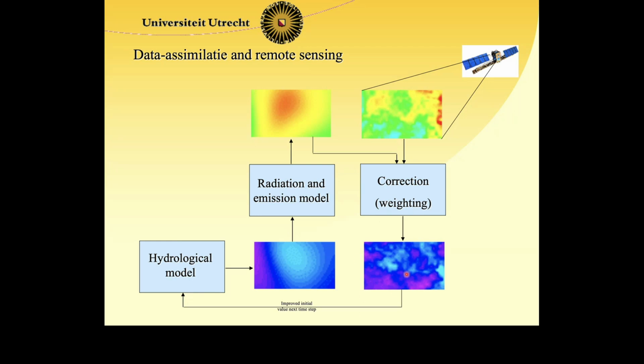You have a better initial state of your model, and therefore your forecasts are going to be better also because your initial conditions are going to be better. So this is data assimilation and remote sensing. Of course, you can also include in situ observations if you want to, so different kinds of observations can be used.